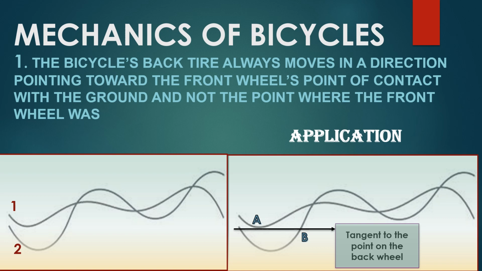Because at point A, the bicycle is moving along the tangent, and from property 1 we know the bicycle always moves in a direction pointing towards the front wheel's point of contact.